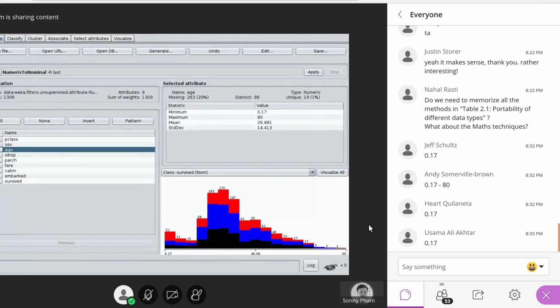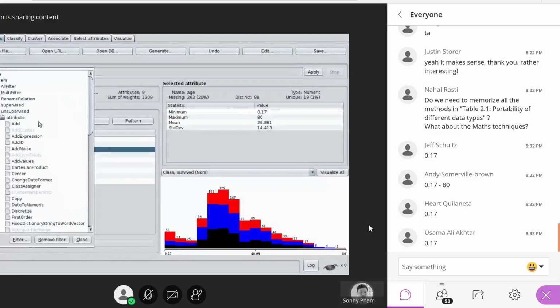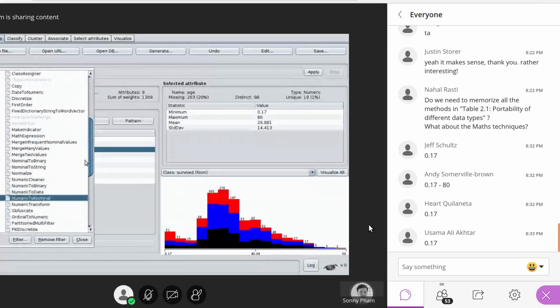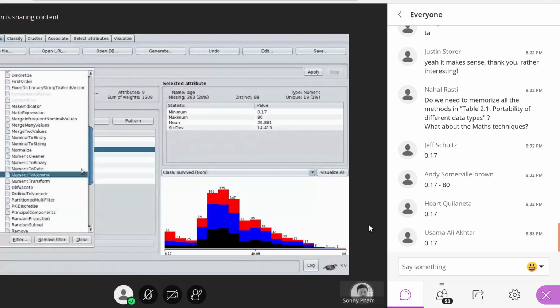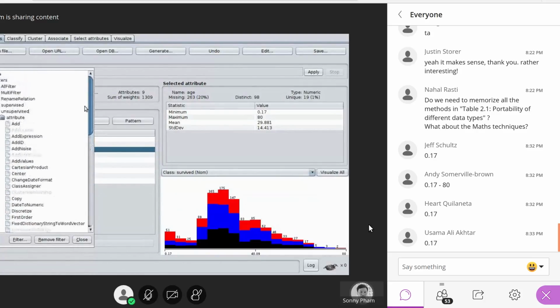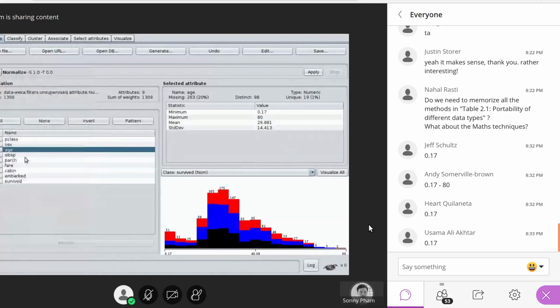So in Weka, for those of you using Weka, of course, for those of you using programming, you can use some other methods, but this has to do with attribute, and this is called normalize, right? So you can apply it on this, for example. If you click on this, it says normalize all numeric values in a given data set, and so on.